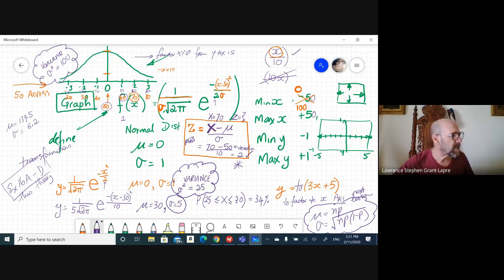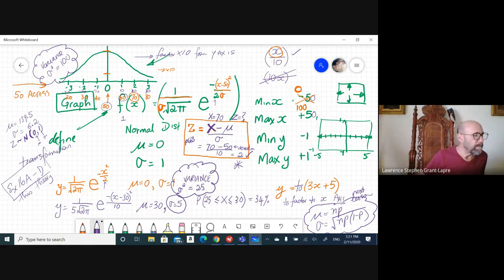Let Z be the standard normal random variable, Z is normally distributed with a mean of 0 and a standard deviation of 1. So 0, 1 means the mean is 0 and the standard deviation is 1.